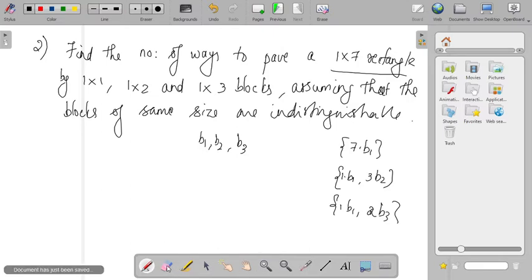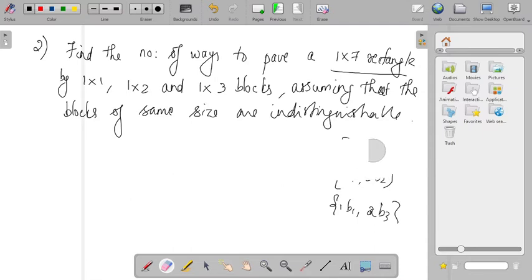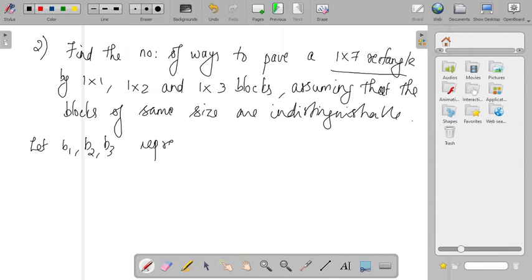Okay. So let us see the solution. So let B1, B2, B3 represent the blocks of size 1 by 1, 1 by 2 and 1 by 3 respectively.